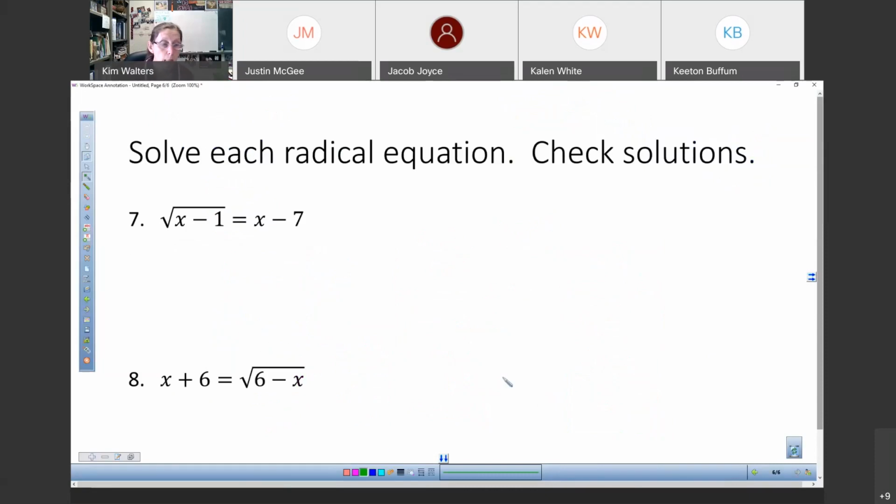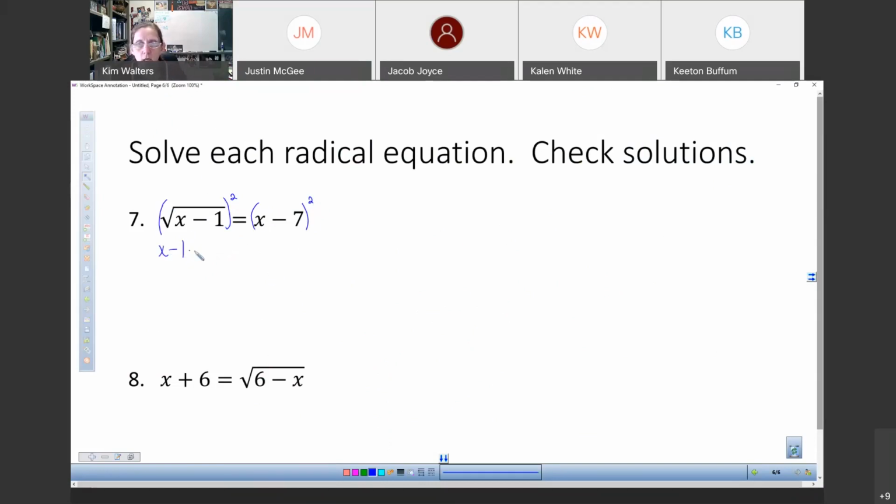Okay. Last 2 problems. I know, that's amazing. On this one, I do have the square root on the side by itself, but we have to be really, really careful because I am going to square both sides just like I did on the last one. So I'm going to square my square root and I'm going to square my x minus 7. Here's where we got to work. On the left-hand side, I get x minus 1.